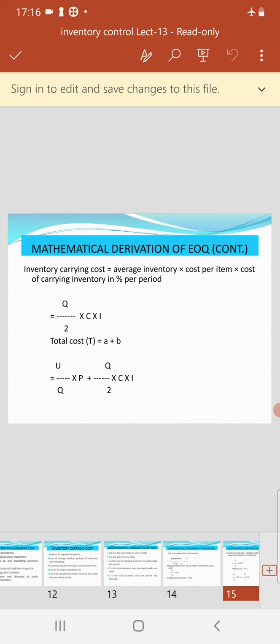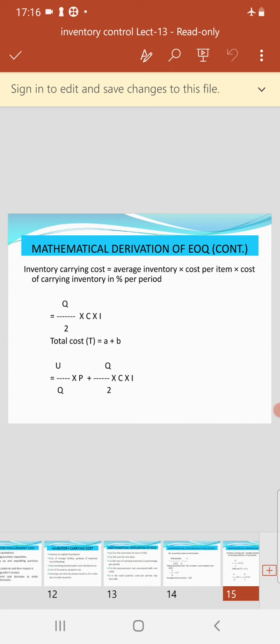Once again you have to calculate, one is ordering cost and the second one is the inventory carrying cost. For inventory carrying cost, the average inventory throughout the year is Q by 2 and I is the percentage of inventory carrying cost as a percent of the cost of the item per period, and C is the cost of the item.